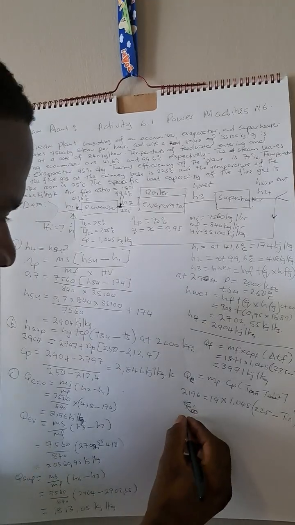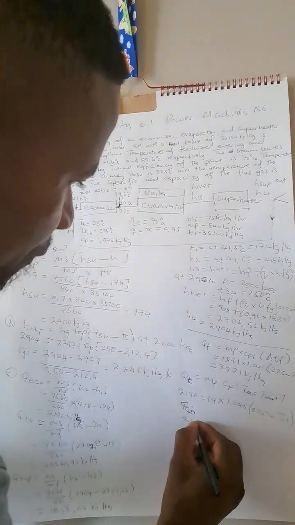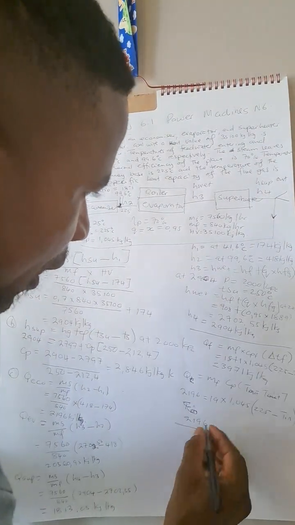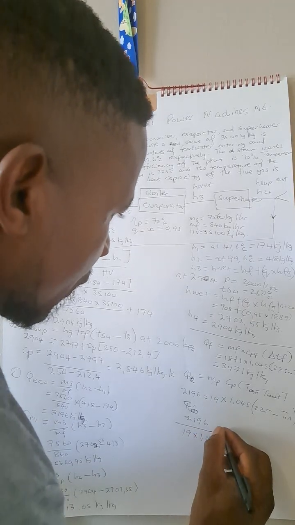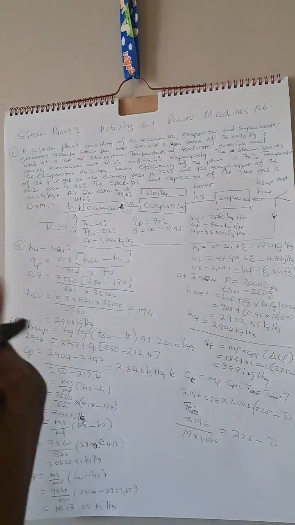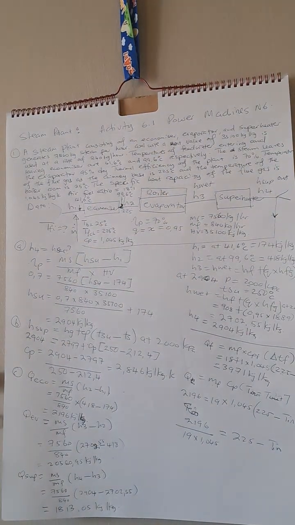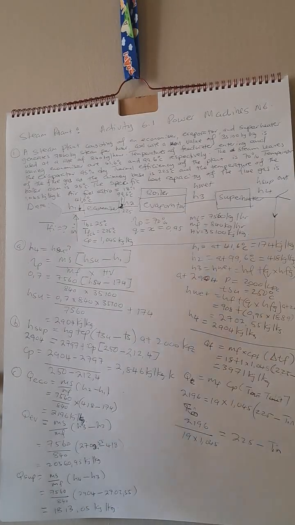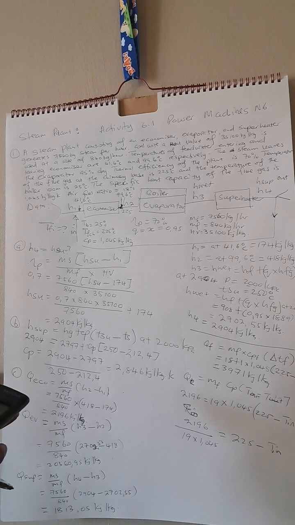The easier way to get our T in, we can simply say 2196 divided by 19 times 1.045 is equal to 225 minus T in. That's what we need, our T in. So we can divide here the 2196 divided by 19 times 1.045.